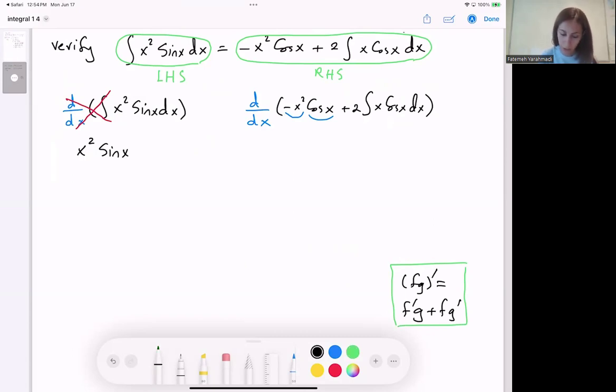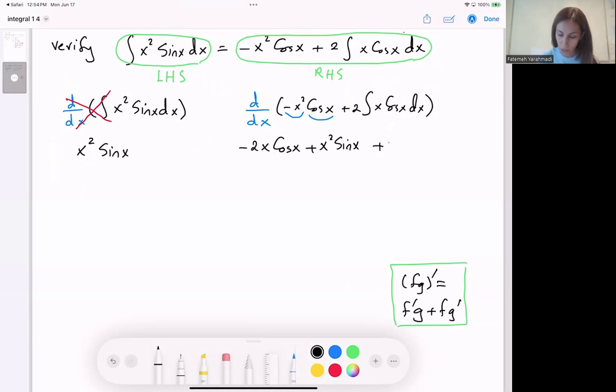Okay, it's not that difficult to see. It is equal to the derivative of negative x squared, which is negative 2x, times cosine x. And then the derivative of cosine is negative sine. Negative and negative becomes positive. So you get plus x squared sine x. And the derivative of the integral on the right-hand side, the differential and the integral being opposite operations, gets canceled out.